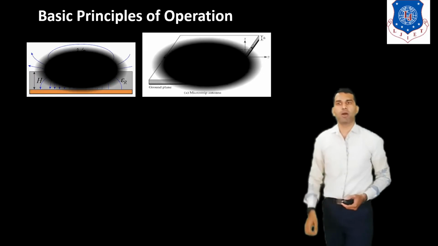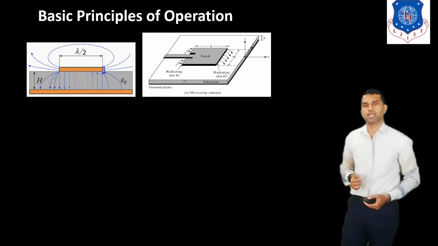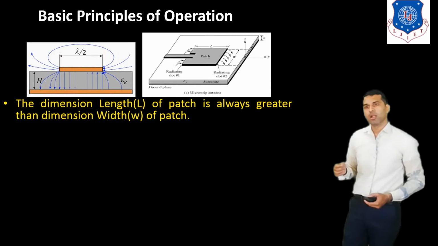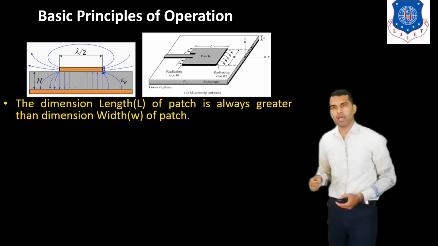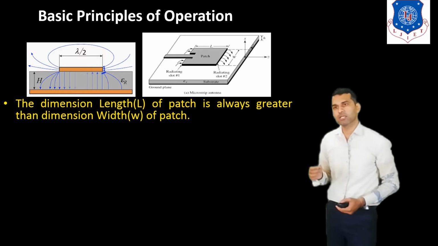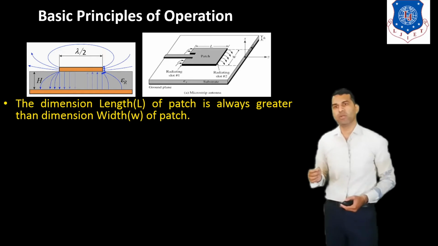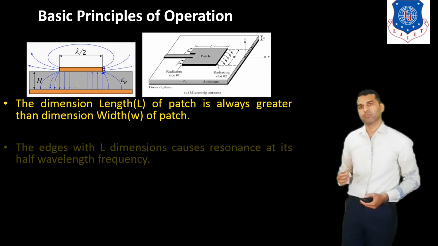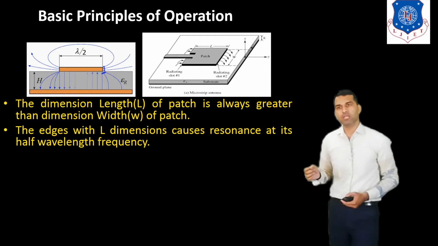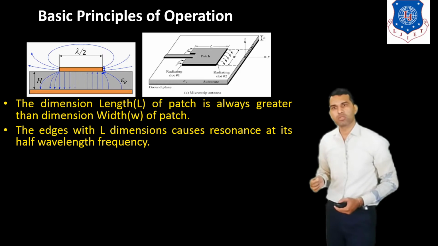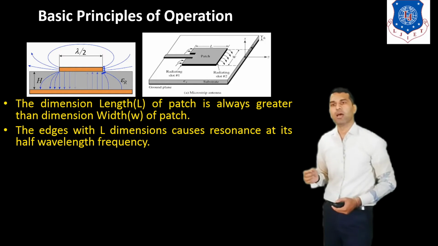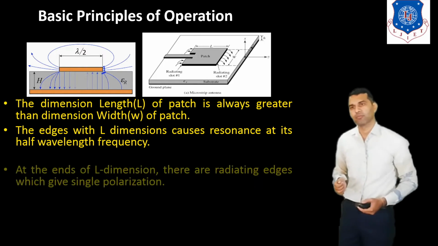Now the basic principle of operation of the patch antenna. The dimension length L of the patch is always greater than the width of the patch. The edge with the L dimension causes resonance at its half wavelength frequency.